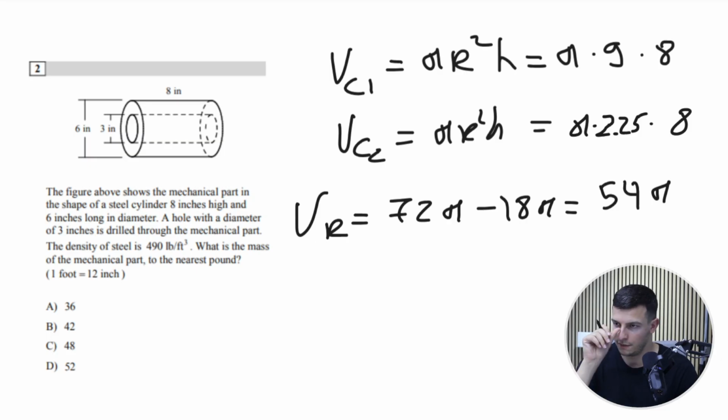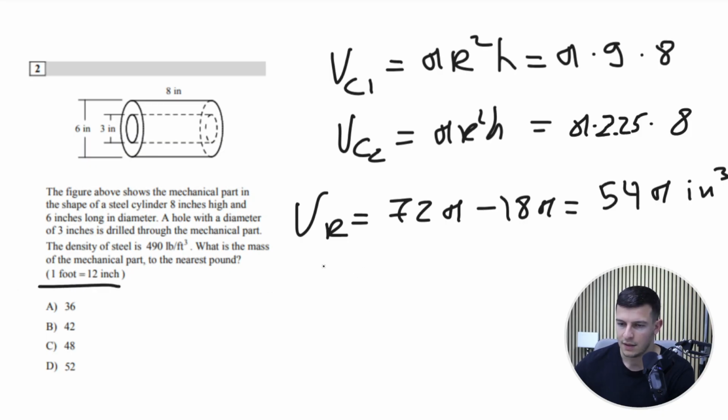Okay, now 1 foot is 12 inches. Now, this has units of cubic inches, right? So 1 foot is 12 inches based on what they gave us.